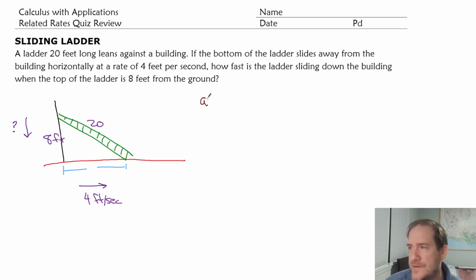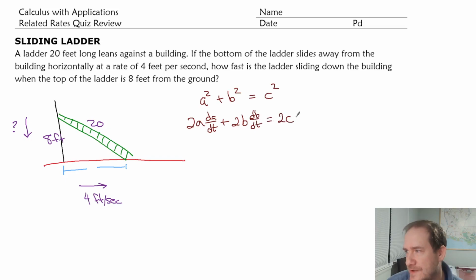It's the Pythagorean theorem: a squared plus b squared equals c squared. If I leave all of those things as variables, don't substitute anything in just yet, and then take the derivative, you get 2a dA/dt plus 2b dB/dt equals 2c dC/dt.